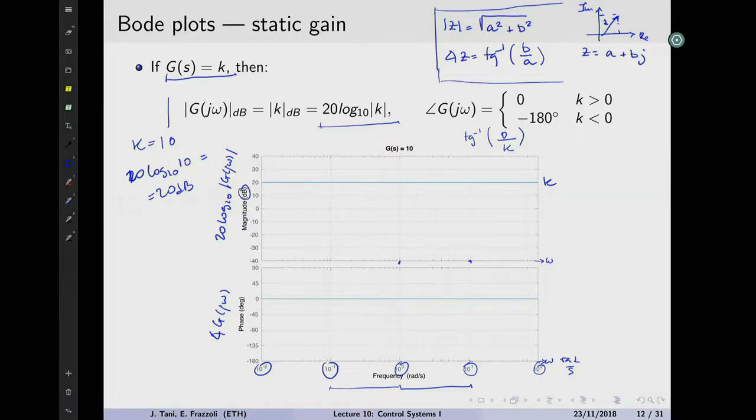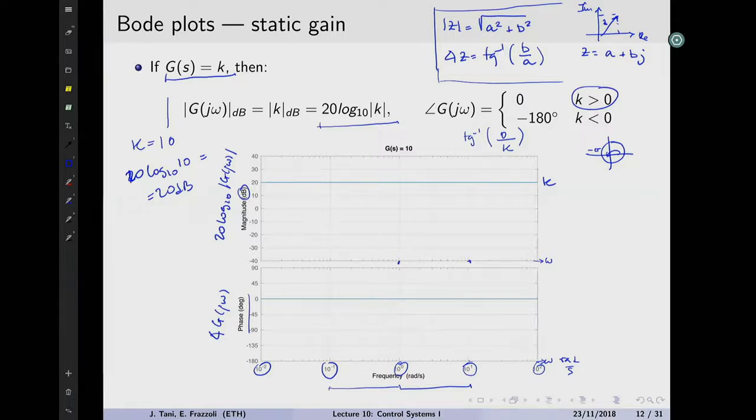The arctangent of 0 is 0 if the constant is positive, or it's minus pi if the constant is negative. So the phase of a negative number is minus 180. Please note that phases can be expressed in both degrees or radians. It doesn't really matter; you'll find them both ways. Just make sure you're consistent.